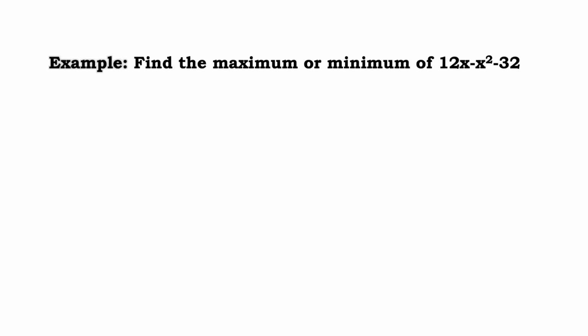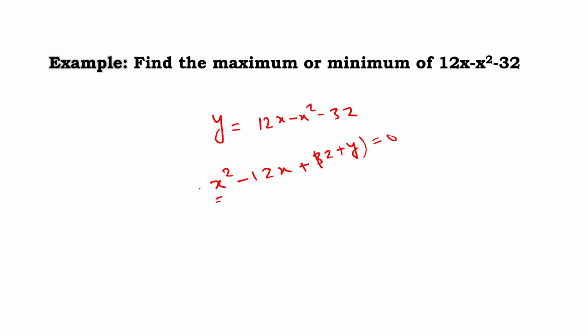So when we have to find the maximum and minimum value, one of the methods is this one, but we can also apply this: y is equal to 12x minus x square minus 32, or we can make the quadratic as x square minus 12x plus 32 plus y, transferring, is equal to 0. Discriminant of this: a is 1, the coefficient of x square, b is 12, and c is 32 plus y.